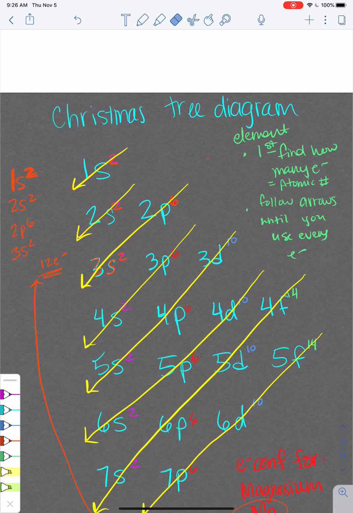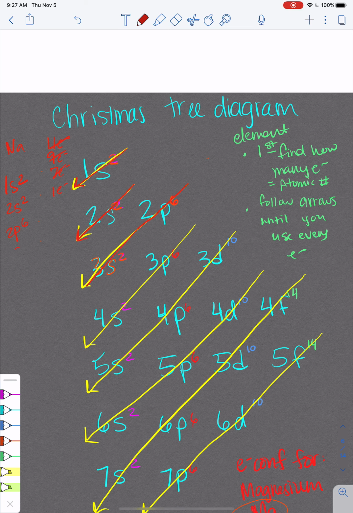This time we're doing sodium, and that has 11 electrons, so we go through the first and say 1s2. That has used 2 electrons, so we have 9 electrons left. Then 2s2, so we've used 2 more, and we have 7 electrons left. For 2p, we can use all 6 spaces, and now we have 1 electron left.